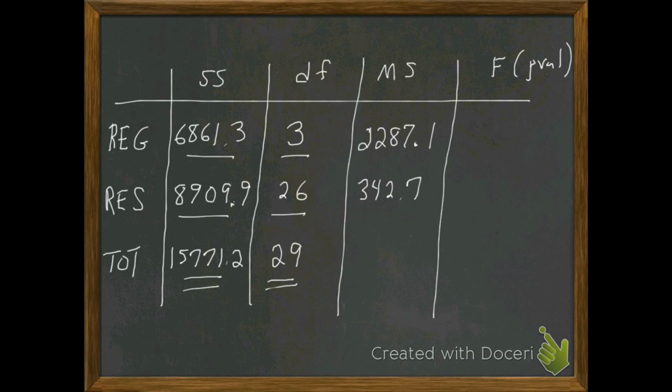And remember that the mean squared terms are not additive. So gang, I don't ever want to see you putting a value right there, because taking 15,771.2 divided by 29 will not be equal to 2287.1 plus this. I encourage you to try that out if you want to.